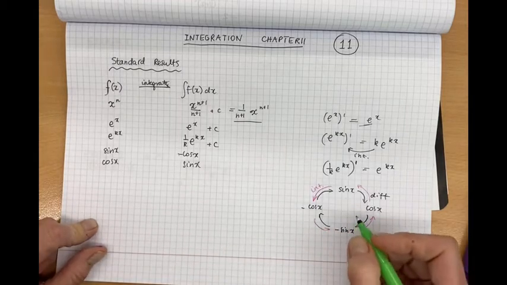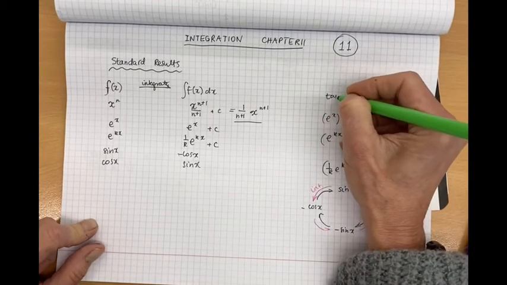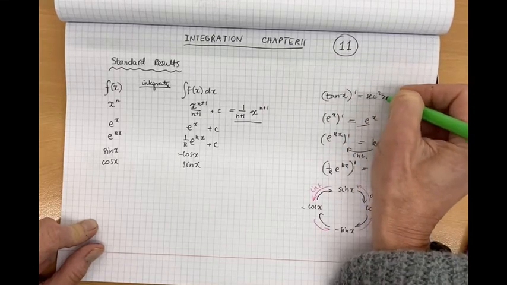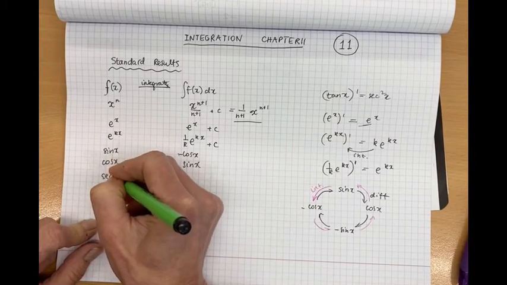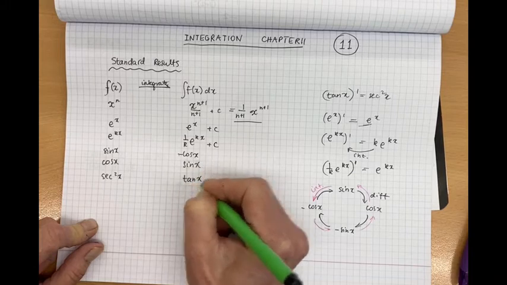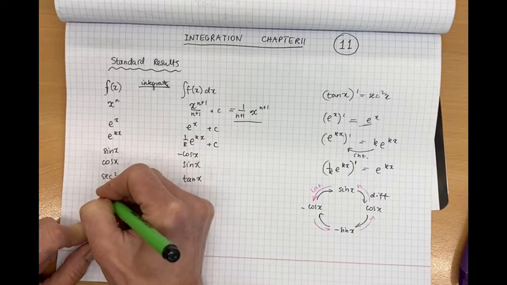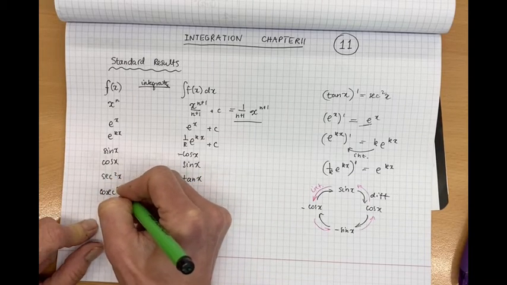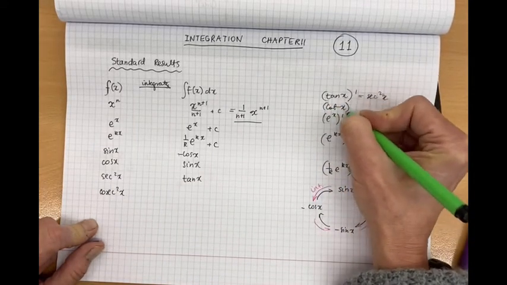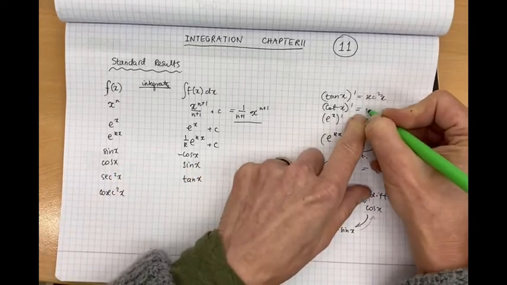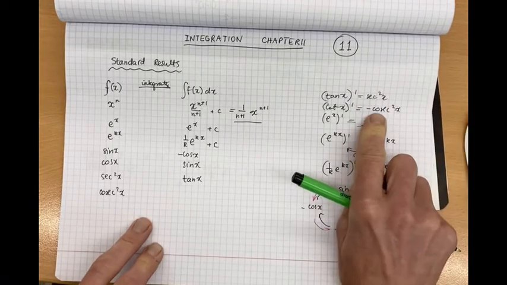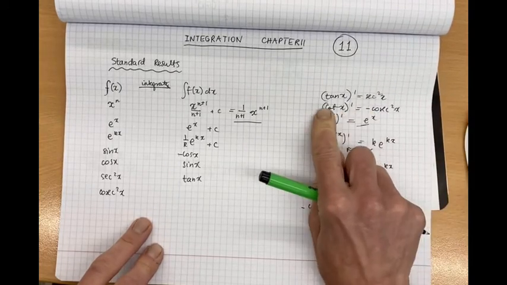Now we also learned that tan x differentiates to sec squared. So obviously sec squared will be one of the standard results that integrates to tan x. And obviously if you remember, you had minus cosec squared x being what cot x differentiates to. So it makes sense if you reverse the steps and move the minus across.